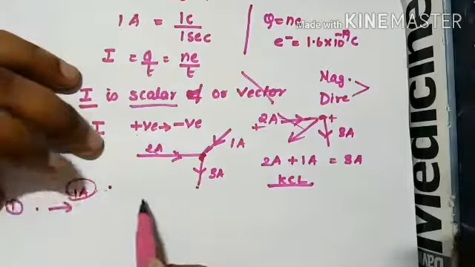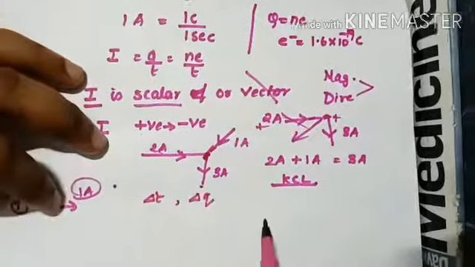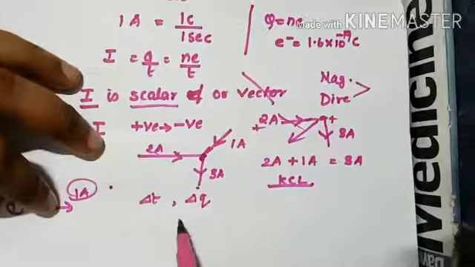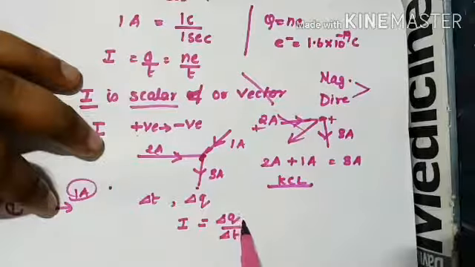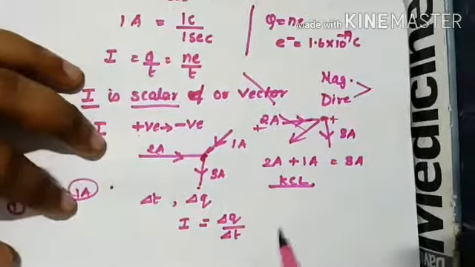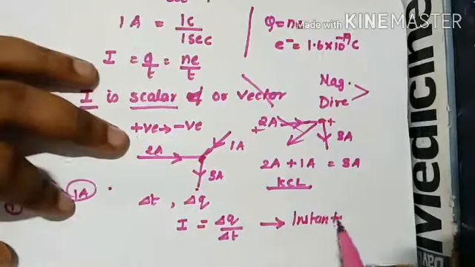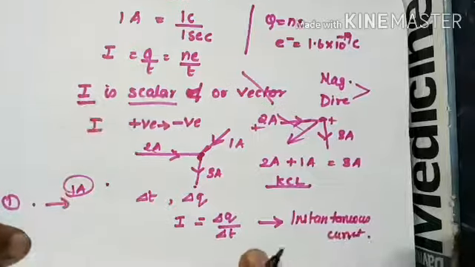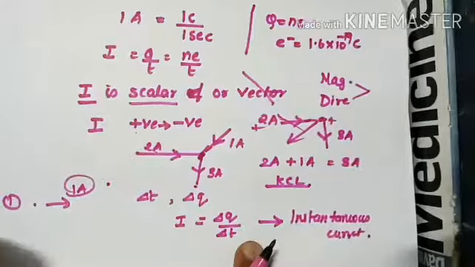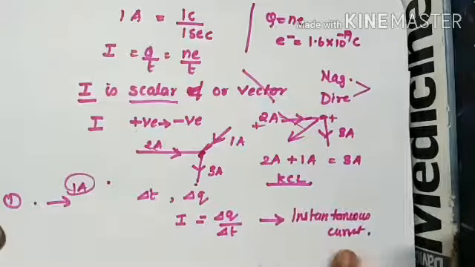So if I consider during a delta t interval a very small charge q flows through a circuit, then I will name a current I equal to delta q by delta t. That is a very small amount of charge flowing for a very small amount of time. This type of current is known as instantaneous current. This much is clear. So this is the first type of current, where a very small amount of charge flows for a very small time interval. Clear?